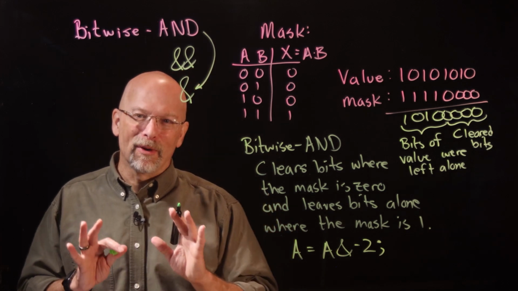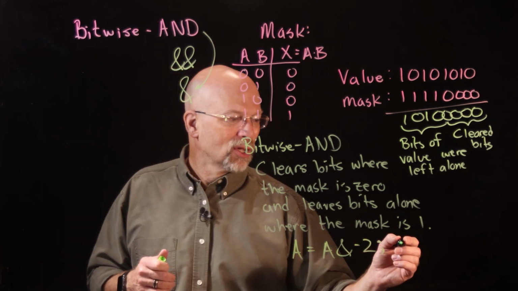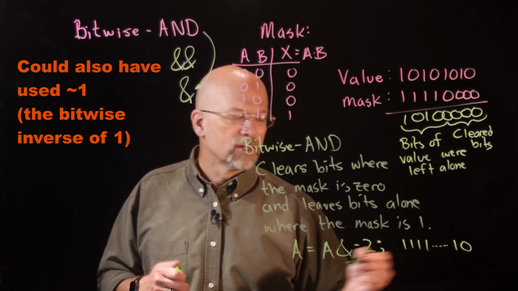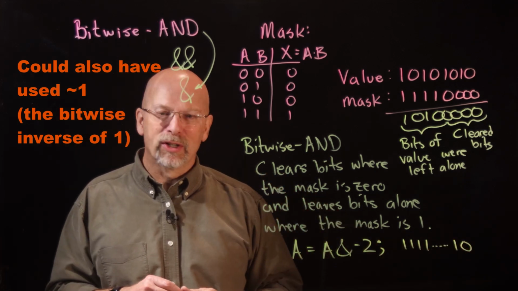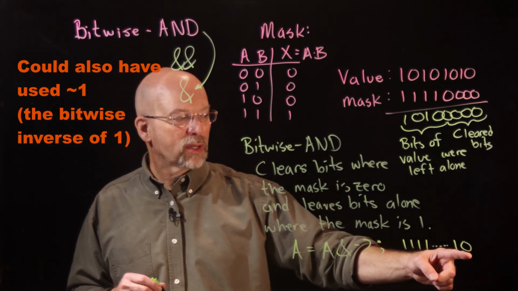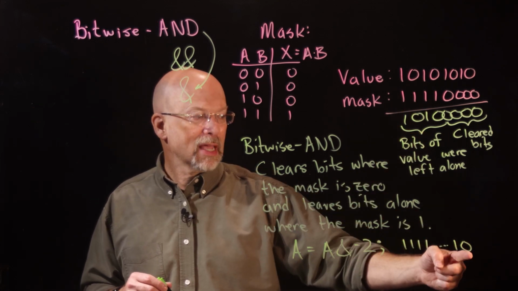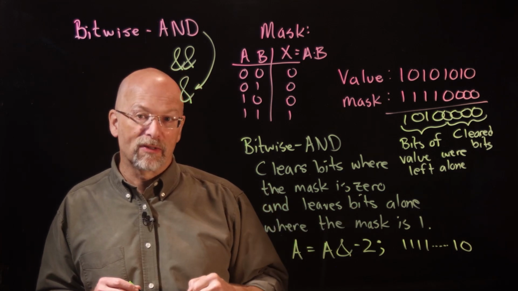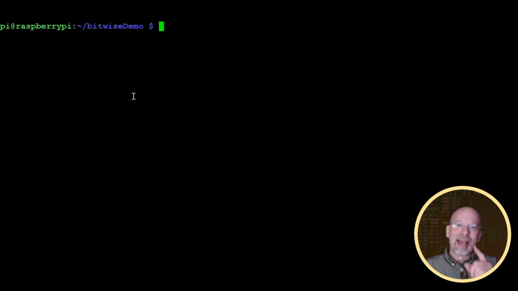Well, if you remember from your 2's complement, -2 is a bunch of 1s and then a 1, 0. All right? And so this mask right here is going to clear the least significant bit by performing the bitwise AND. The only bit that's going to get cleared is that least significant bit. It'll clear the least significant bit, give us a random even number. I did say that this stuff was important, right?